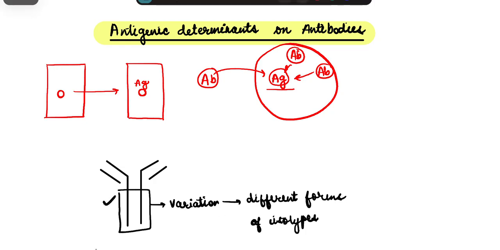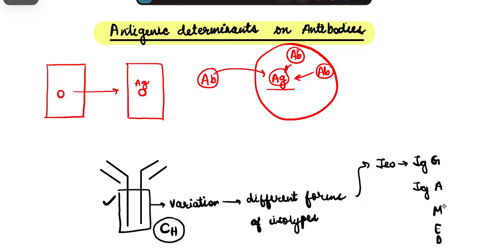Because of the variation in the constant region, and that too the constant region of the heavy chain, we have different kinds of isotypes. For example, we have the isotype IgG, then IgA, similarly M, E, D. These are the different kinds of isotypes of that particular antibody.